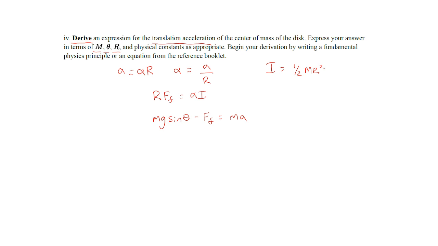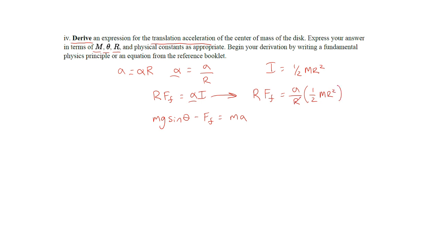Okay, so the first thing we have to do is change this force of friction. So let's substitute our alpha here. So we have r times f_f is equal to a over r, and then this is times 1/2 mr squared.